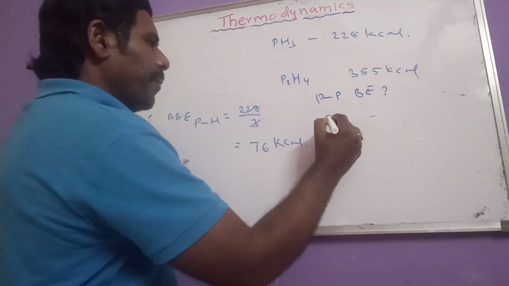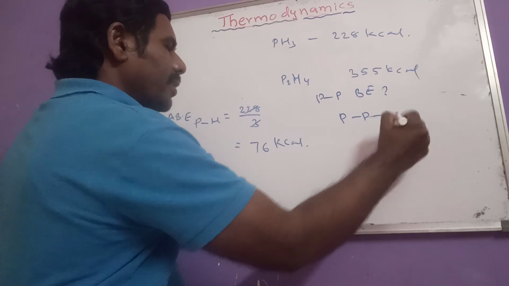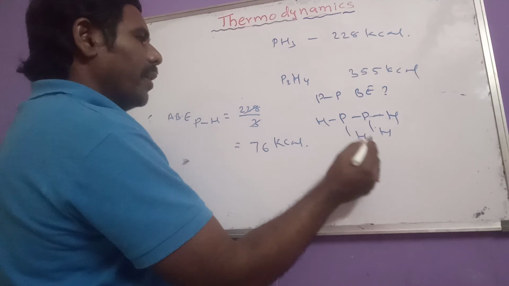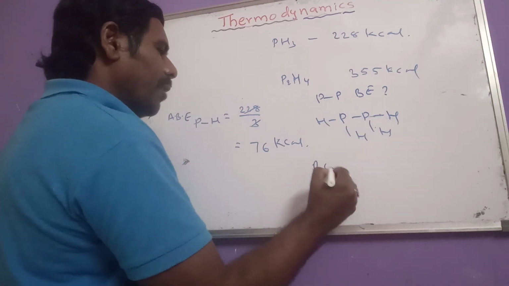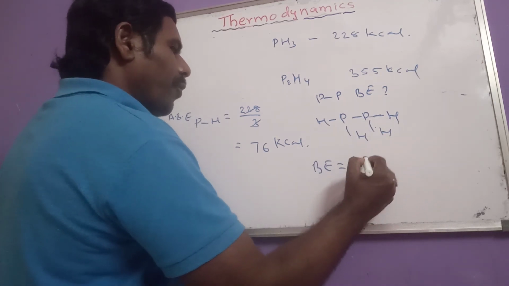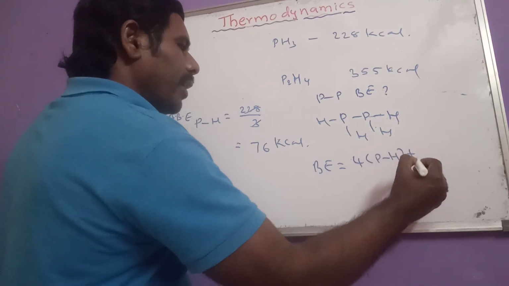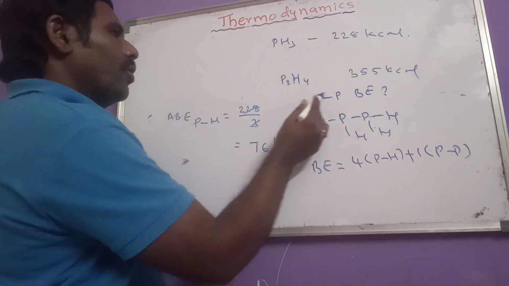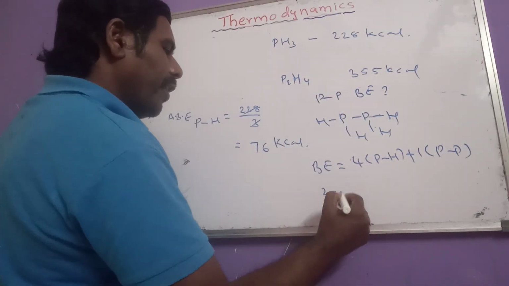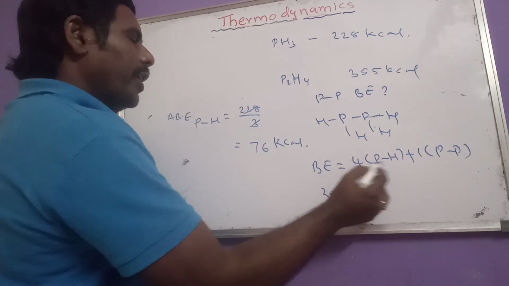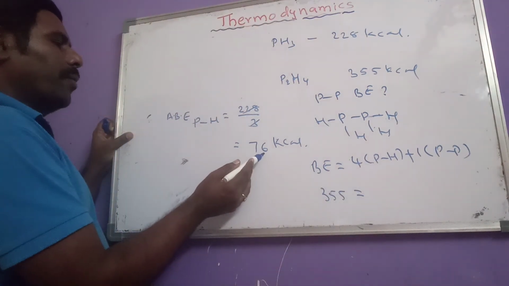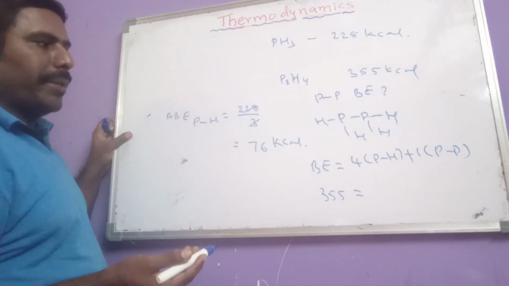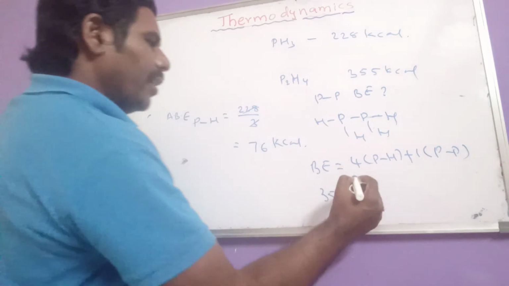Now P2H4 contains a total of 4 P-H bonds and 1 P-P bond. So total bond energy equals 4 into the P-H bond energy plus 1 into the P-P bond energy. Here the total bond energy is given as 355 kilocalories. 4 into 76 gives 304.